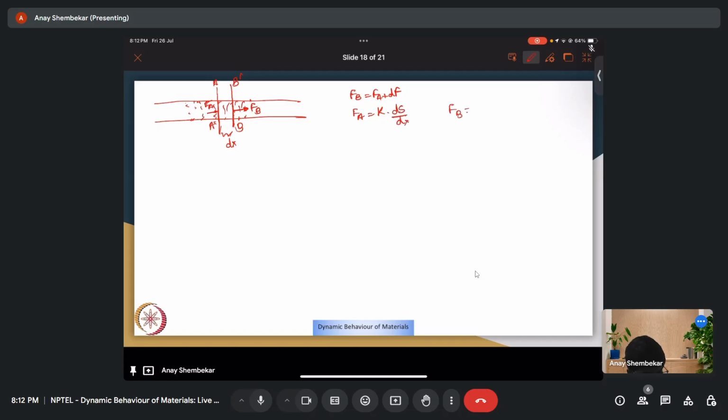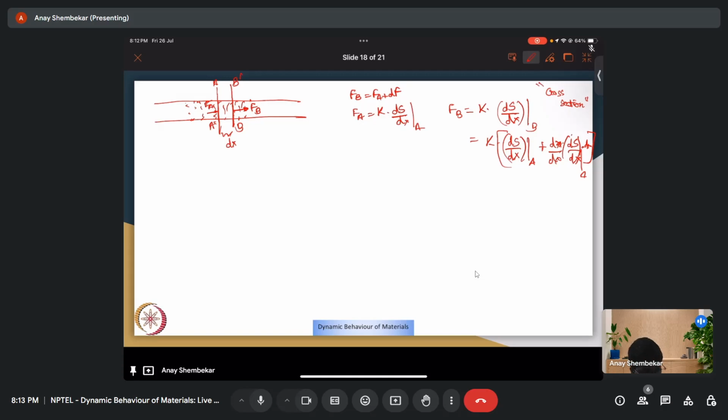Fb is k times ds by dx at B, which is ds by dx at A plus dx times d by dx of ds by dx at A again. So this is a first order approximation for the infinitesimal cross section.